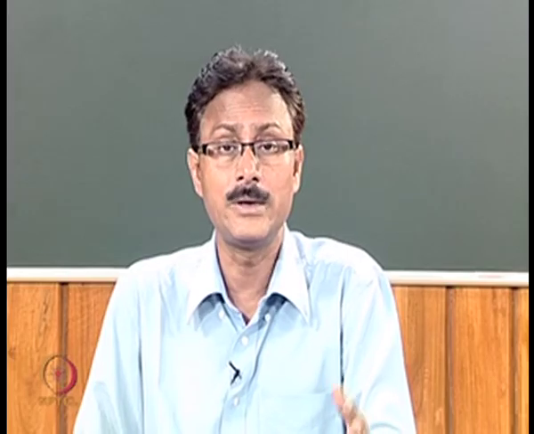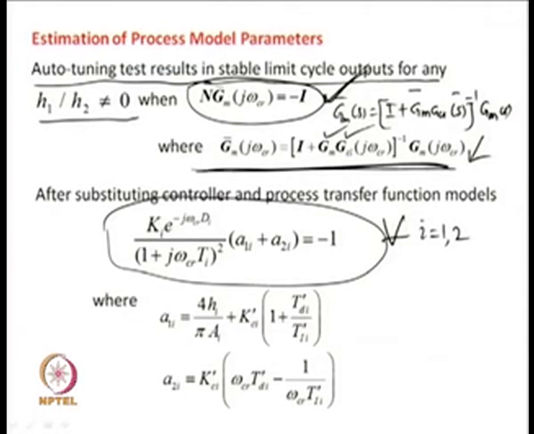So, we will get two analytical expressions basically, but in general form, upon substitution of the various G's, GM and GCL, I get an expression of this form, where A1i is equal to 4 Hi upon pi Ai plus KCi dash times (1 plus TDi dash upon TIi dash), and A2i is equal to KCi dash times (omega CR TDi dash minus 1 upon omega CR TIi dash).